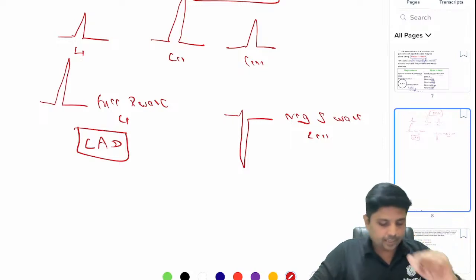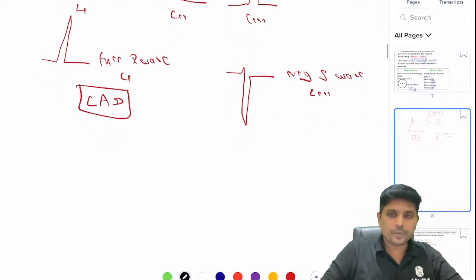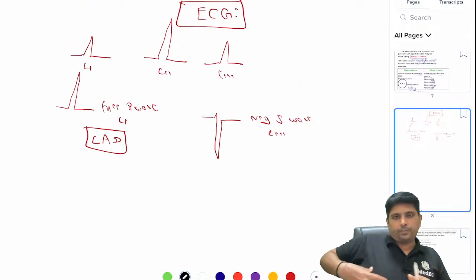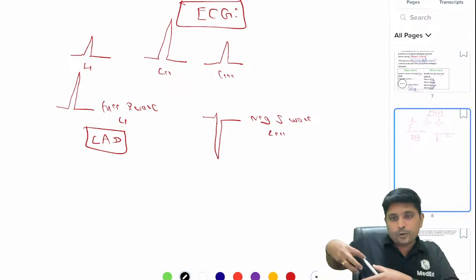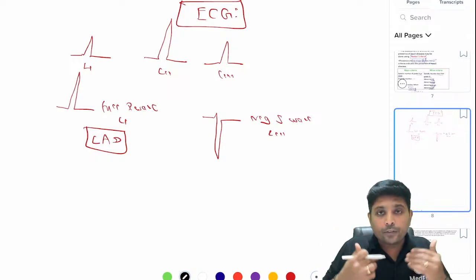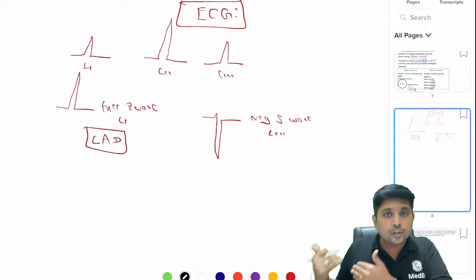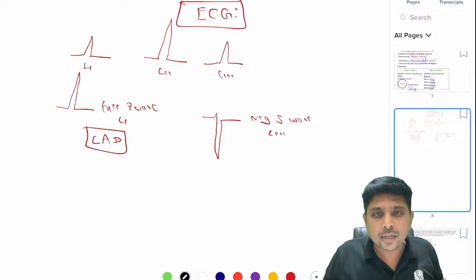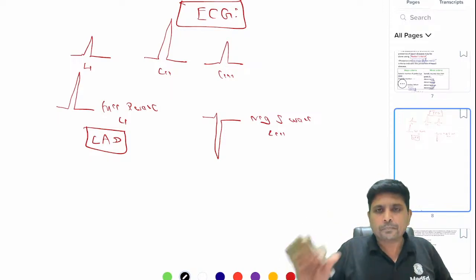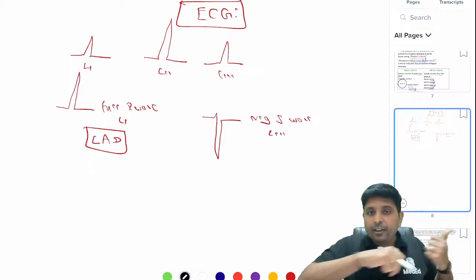Now what is right axis deviation? Right axis deviation means your right ventricle undergoes hypertrophy in this direction. So instead of flowing from 11 o'clock to 5 o'clock, current will flow from 11 o'clock to 9 o'clock position, towards the right limb. Current predominantly moves towards lead 3, away from lead 1.